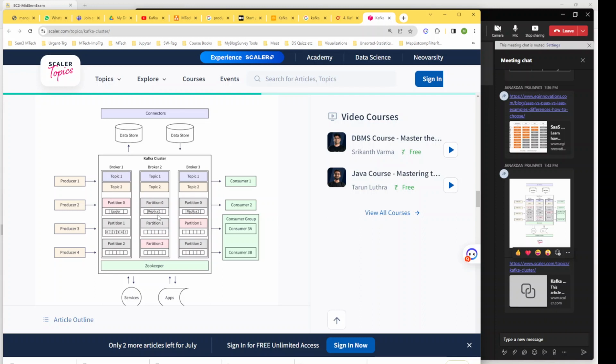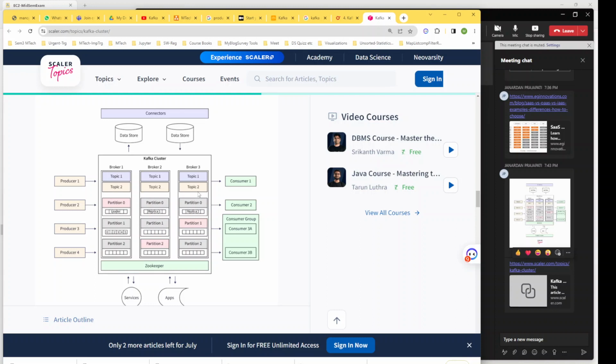If there are 2, then one would be leader and another would be a normal replica. The leader is the one who knows where the other replicas are available for this particular partition. One of the replicas is designated as a leader, which is responsible for handling all the read-write requests for the partition.